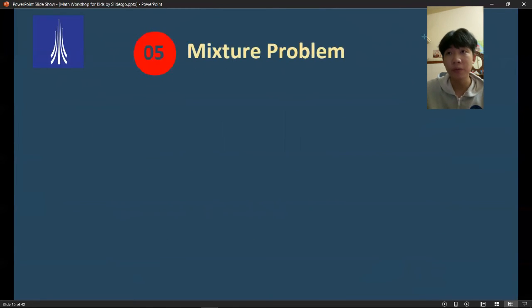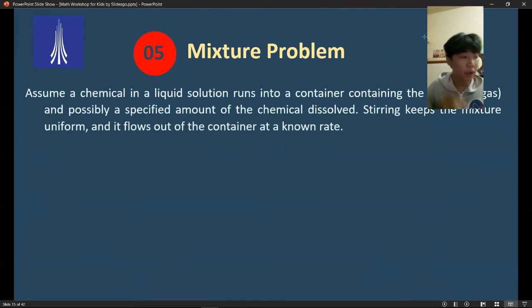So moving on to the fifth problem of my presentation, which is the mixture problem. Assume a liquid solution runs into a container containing a liquid or gas solution and possibly a specified amount of the chemical dissolved.